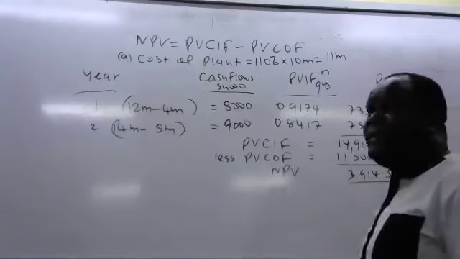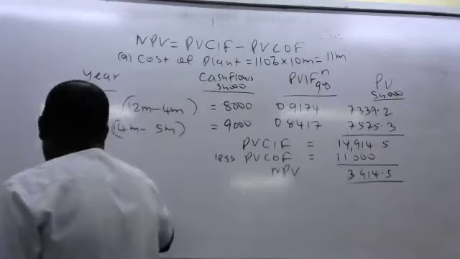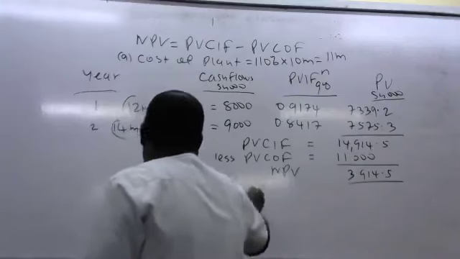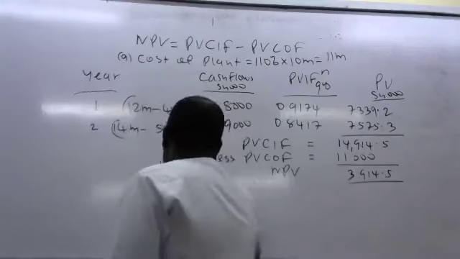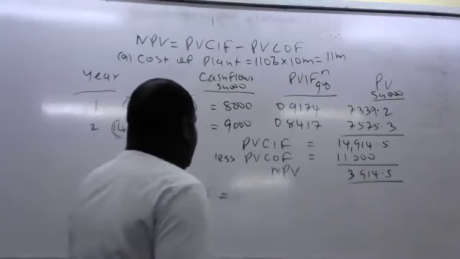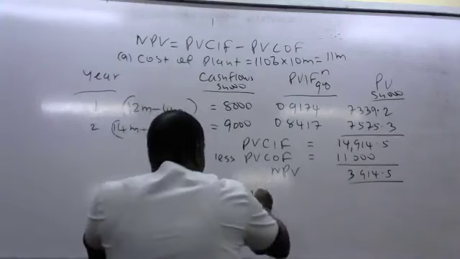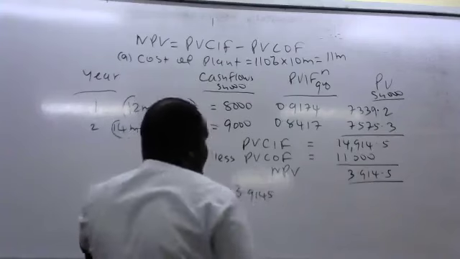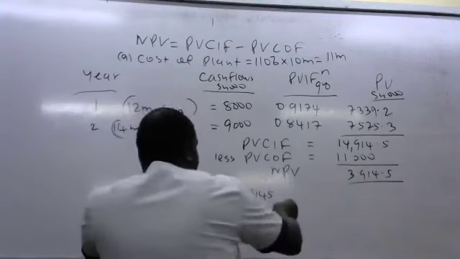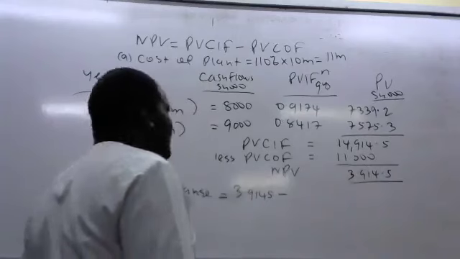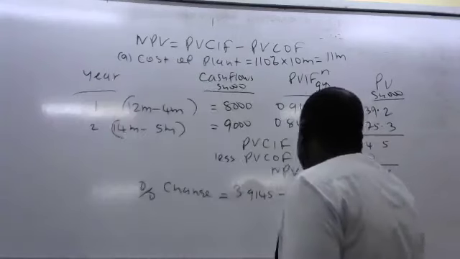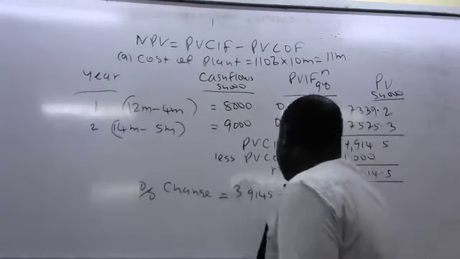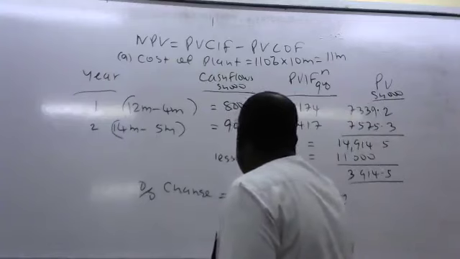So we get now the percentage change in that NPV. For the percentage change in the NPV, you simply take what you have calculated as 3.9145, you minus what we got earlier, which was 4.9145, and divide by what was there initially.